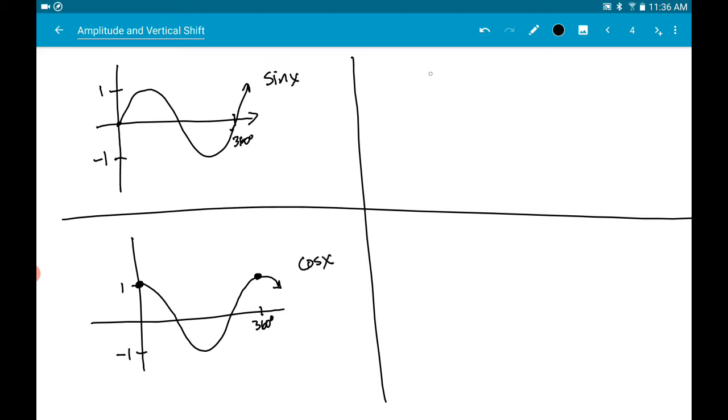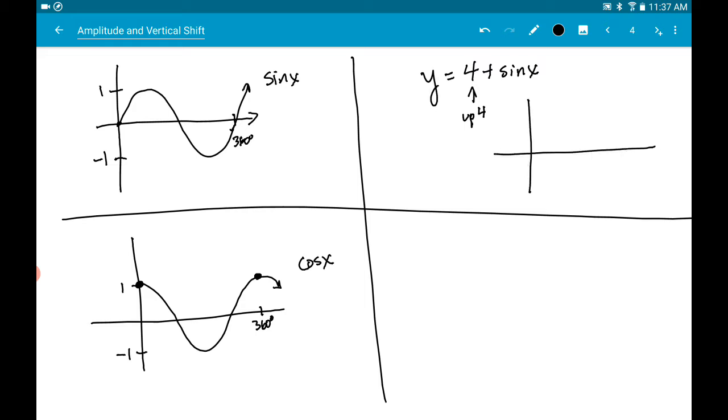So when we talk about a vertical shift, we want to think about when there's a number separate from the actual sine function. That number is going to shift it up or down so many units. When it's positive, it's going to shift it up, and when it's negative, it's going to shift it down.